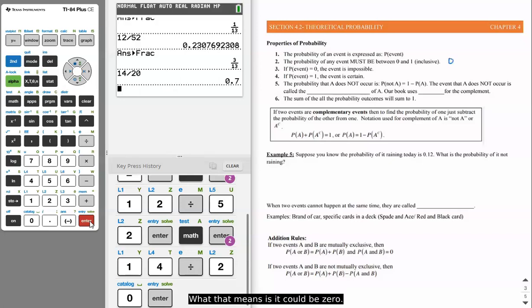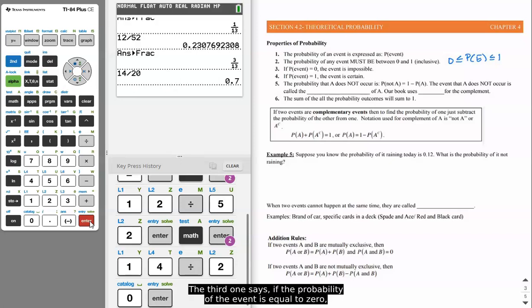So it could be 0. It could also be 1. And anything between. In decimal or fraction notation, it should be between 0 and 1. If it is a percentage, it wouldn't truly be between 0 and 1, but if you took it out of percent notation into decimal notation, it should still fit between the 0 and the 1.